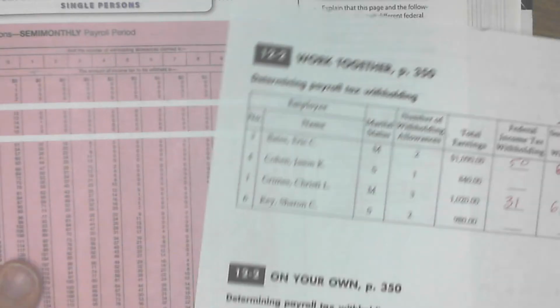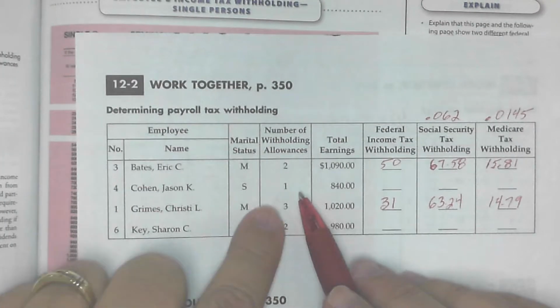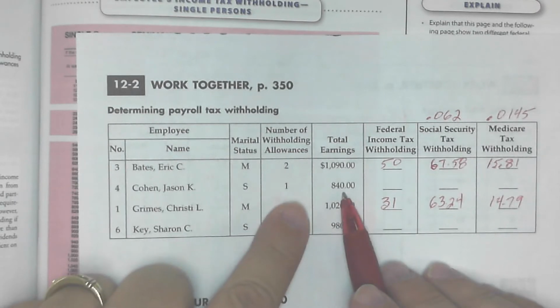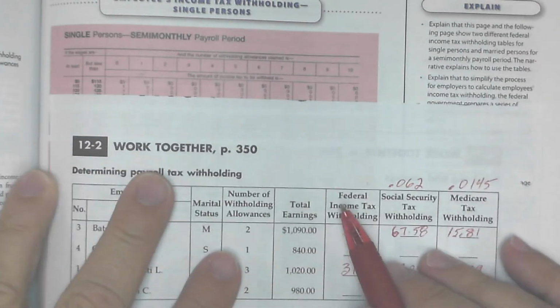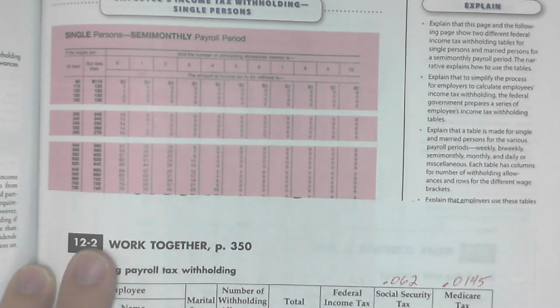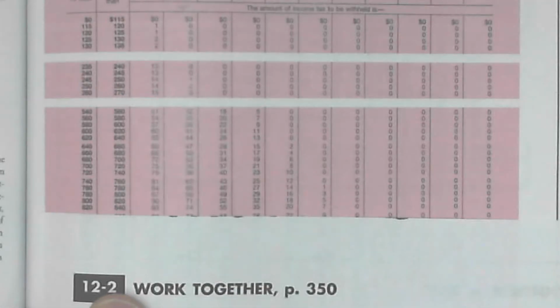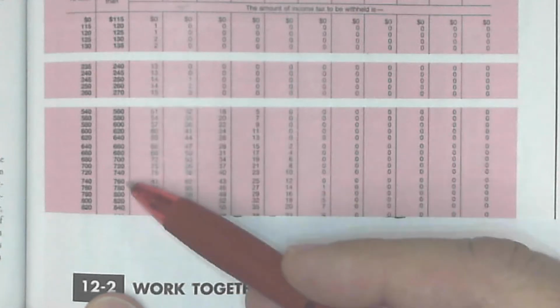Okay, so I'm going to flip the page and do the singles. So Jason, $840. So I'll go down the list here till I get to 840. Once again, that 840 is right on the column for the less than.